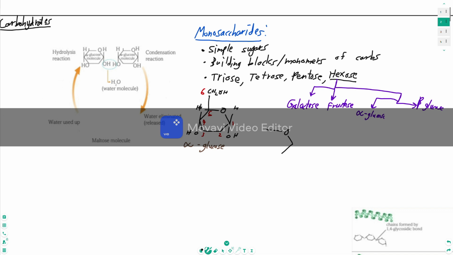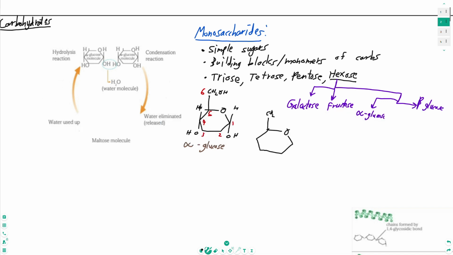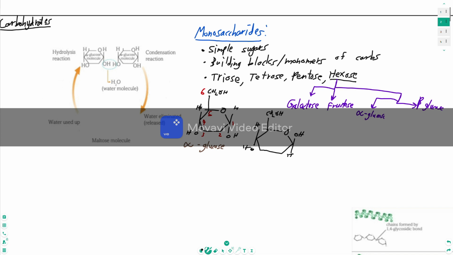It's basically the same structure, but if I draw it out, CH2OH, you can see a slight difference. You can probably already see it right now. So this is beta glucose.